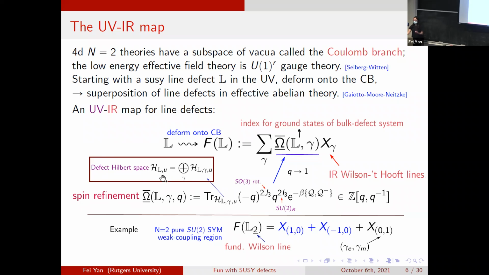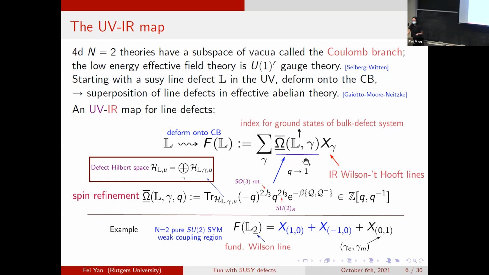After you do that, such a defect Hilbert space admits a decomposition into different superselection sectors, labeled by gamma, the electromagnetic charge. Within each superselection sector, I can define an index counting the ground states within that sector. That gives you these integers in front of this decomposition.